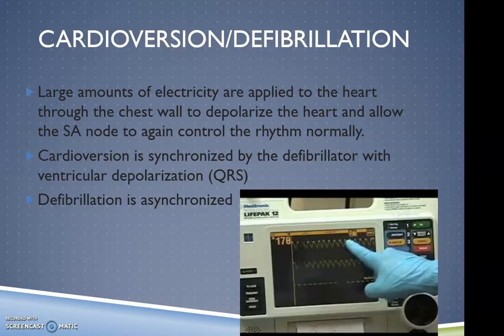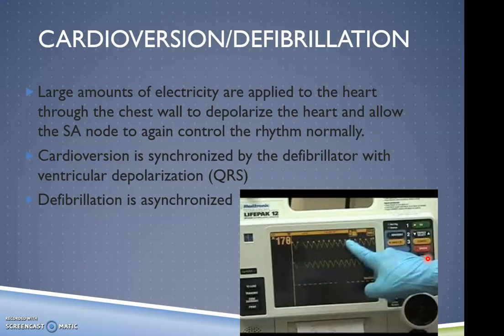So on this picture here, there's many different devices that can perform defibrillation and cardioversion. This just happens to be the picture that I found. On this, you cannot see it because it's a little blurry, but right around the top of the hand wrist area here is a button that says sync.